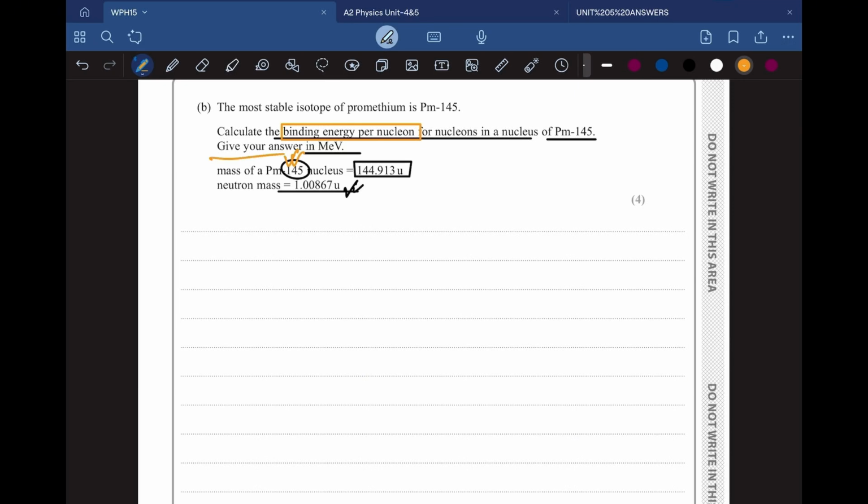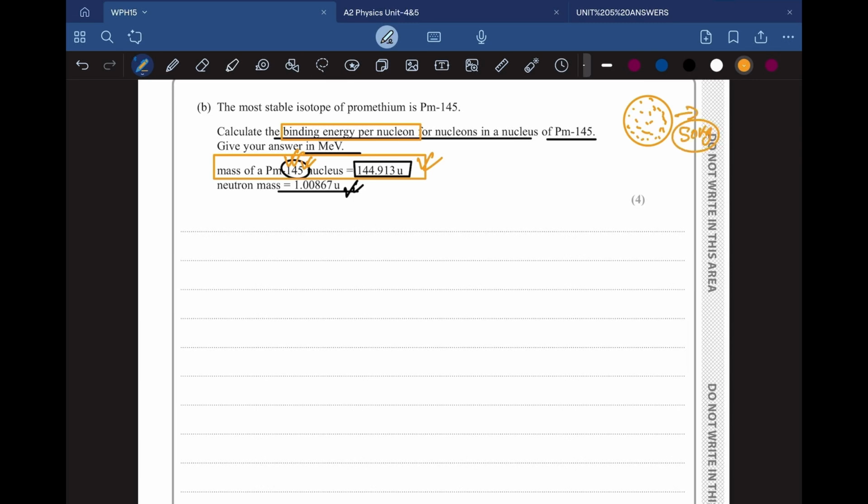When the nucleus is together, there is a mass difference with the nucleus. Let's say there are 145 nucleons, right? If you put 145 nucleons inside a nucleus, their mass will be, let's say, 50 kg.